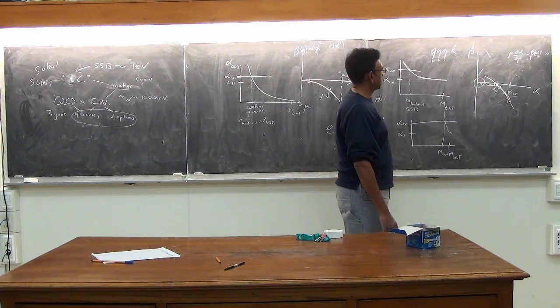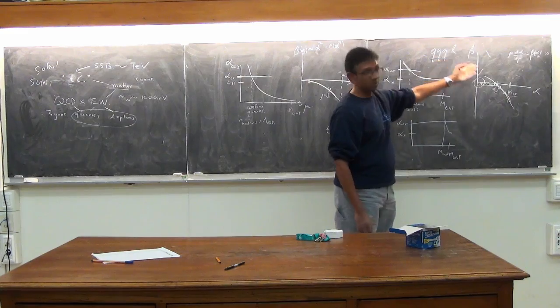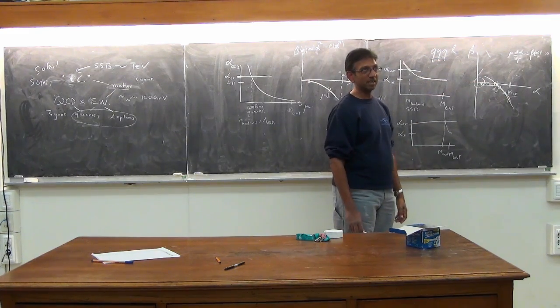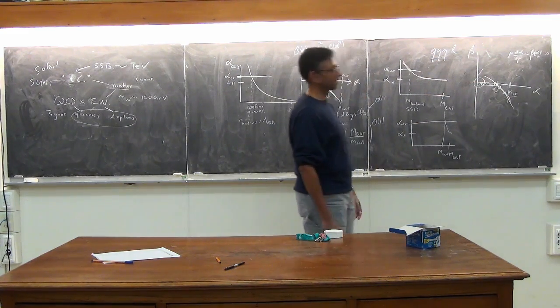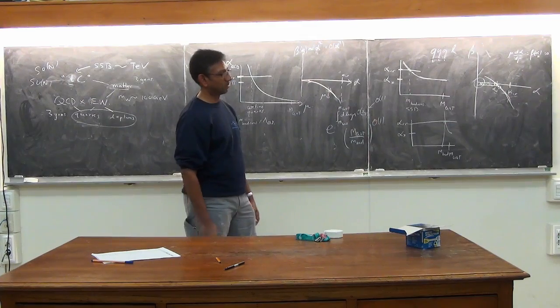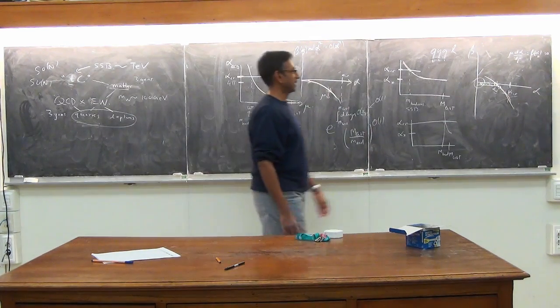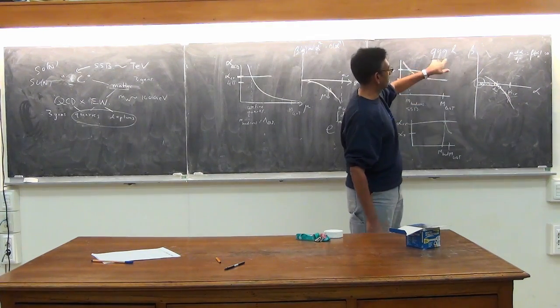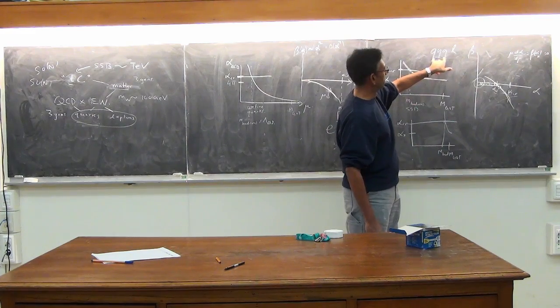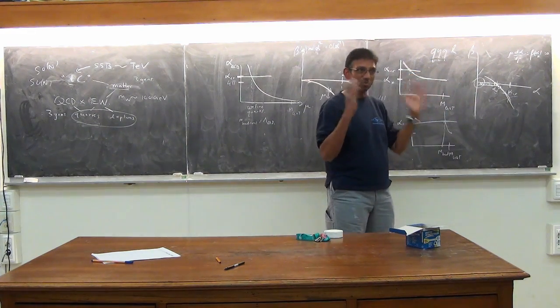In fact, it was later introduced into Technicolor by David B. Kaplan. There are many David Kaplans, and one was David B. Kaplan. And he introduced the idea in Technicolor which we call partial compositeness.